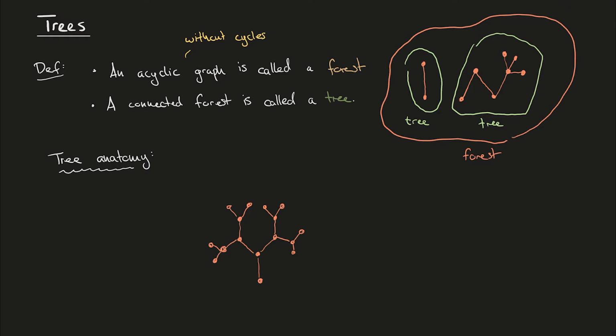So that would be the vertices that I'm now circling in green. So the green vertices are called the leaves of the tree, and the rest of the vertices are called the tree's internal vertices. So that's these vertices I'm now circling in red. These are called internal.